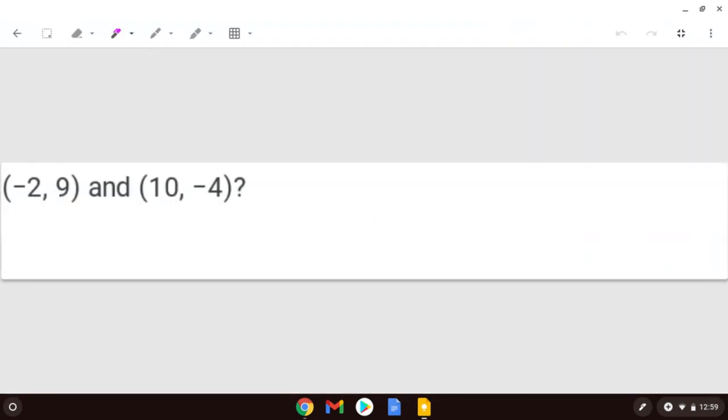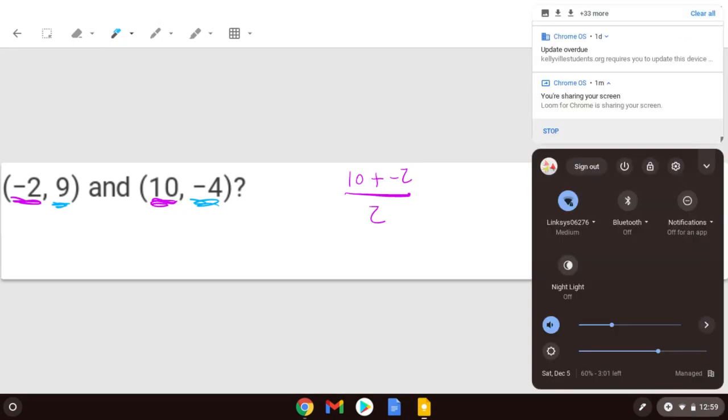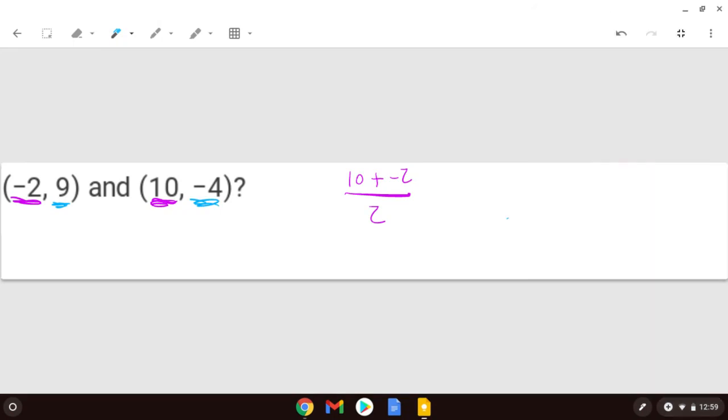If you recall the midpoint formula, you're going to add up the x's and then divide that by 2, so 2 plus -2 divided by 2. And you're also going to add up the y values, so 9 plus -4 divided by 2.